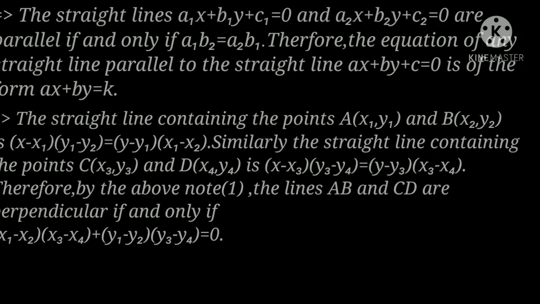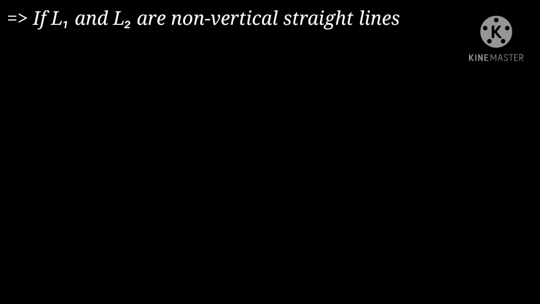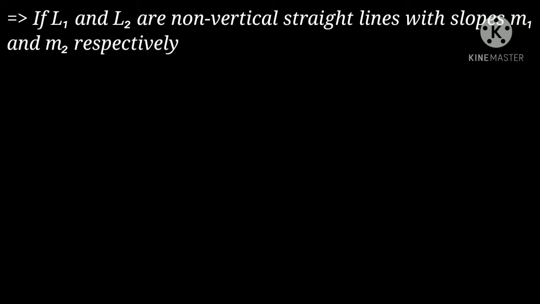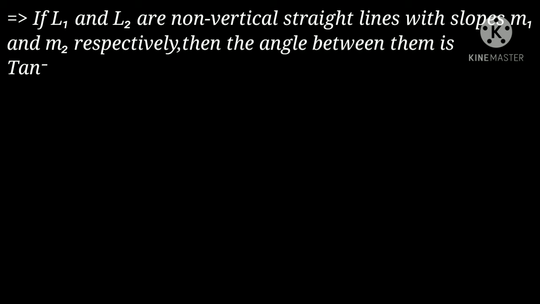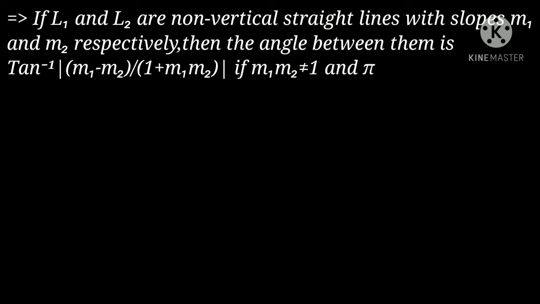Another formula of angle between two lines: if L1 and L2 are non-vertical straight lines with slopes m1 and m2 respectively, then the angle between them is tan inverse of modulus of (m1 - m2) by (1 + m1 m2), if m1 m2 is not equal to -1, and pi by 2 if m1 into m2 = -1.